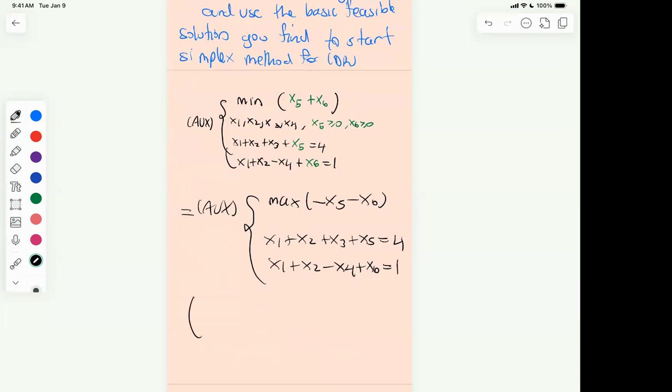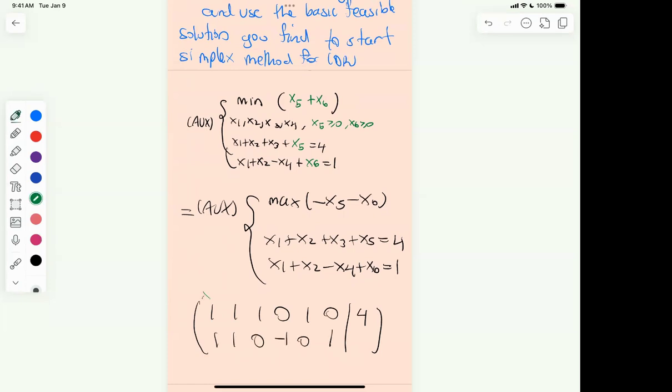So if you write it in matrix notation, let's see. I'll write the names of the columns just to help you out.